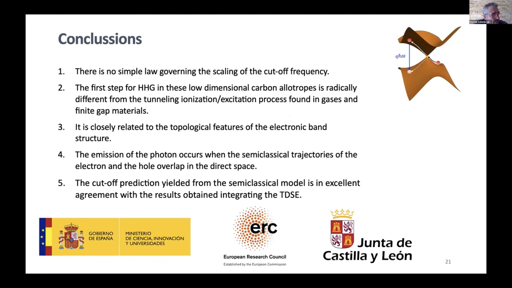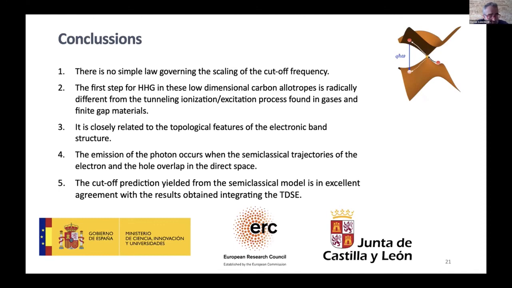Using a saddle point approximation model for the emission dipole, we show that the first step for high harmonic generation, both in graphene and in carbon nanotubes, is radically different from the ionization excitation process found in atoms, molecules, and finite gap materials. And it is closely related to the topological features of the electronic band structure.